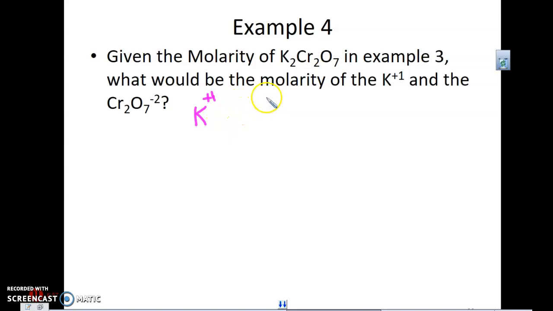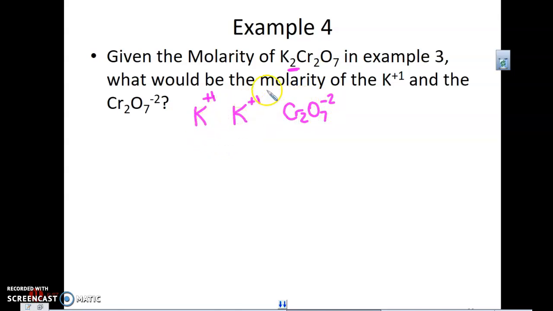You know it's a +1. Well, there are 2 of them, and the reason that there are 2 of them is because this polyatomic ion dichromate, you might recognize that a little bit, the dichromate polyatomic. This works as a unit. Remember, that's a covalently bonded thing but has a charge, so now we're talking about ionics here.